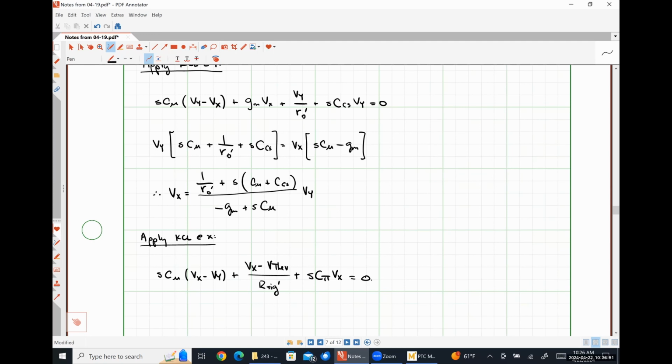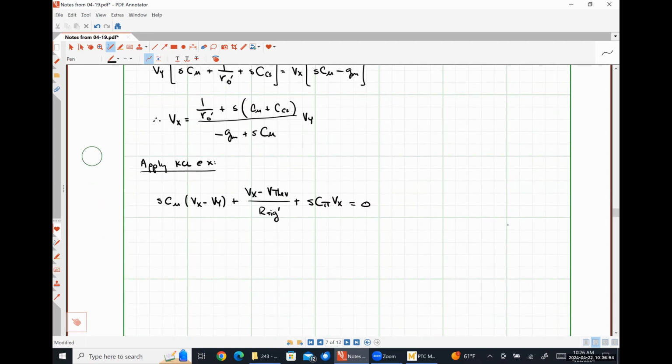So that's going to look like Vx times S C mu plus 1 over R sig prime plus S C pi, minus S C mu Vy, is equal to Vthev over R sig prime.